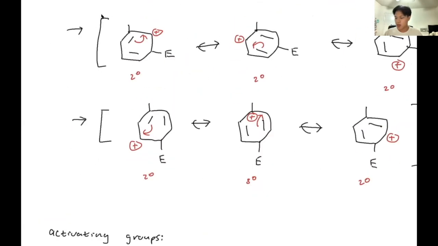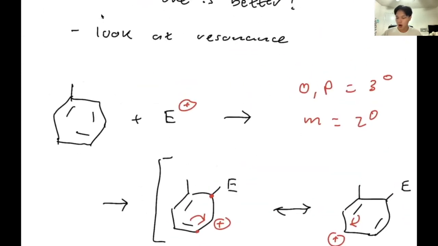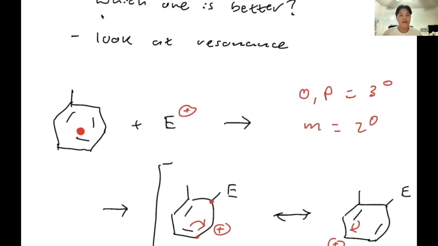Right? So a deactivating group is the exact opposite. It's going to make it less nucleophilic, because it's going to add either a positive charge or it's going to take all this electron density here, and this electron density is going to go to whatever group this is. You may have seen this concept before, but imagine if we have a halogen here, which is very electronegative, right?